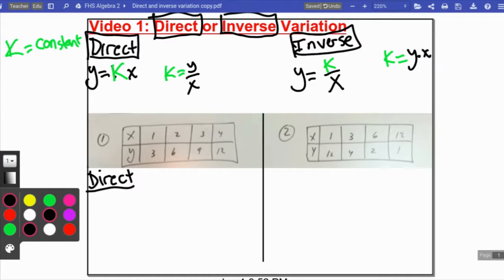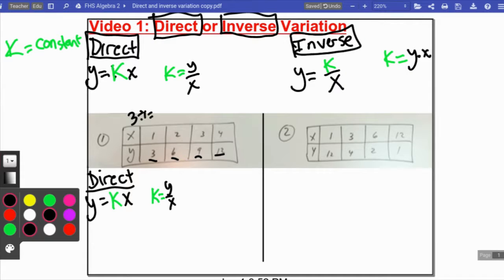The first equation is Y equals K times X, where K equals Y over X. So what we need to do is divide all the Y's by X. You see all the Y's right here? There's a Y, there's a Y, there's a Y, there's a Y. Let's divide them.